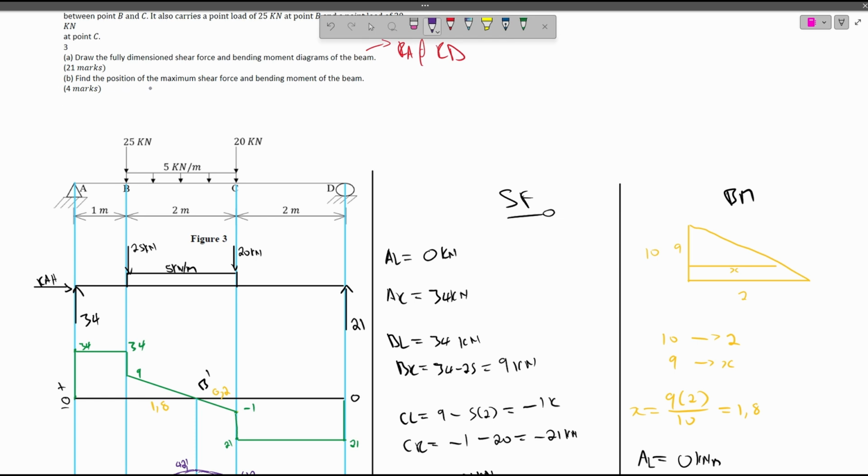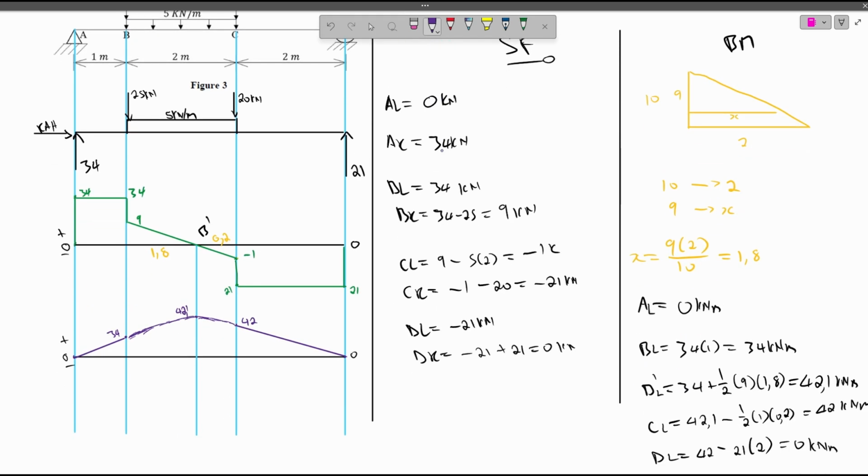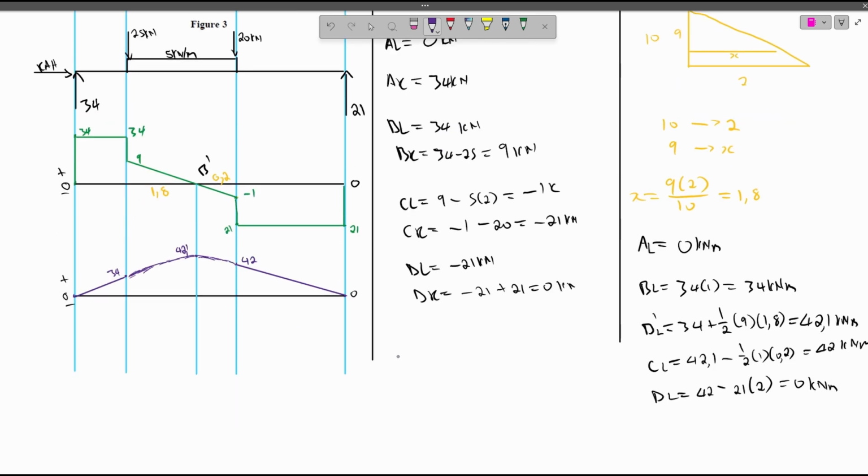The B says find the position of the maximum shear force and bending moment of the beam. Now our max shear force, which is Vmax, will be 34. And then 34 at 0 from the left. 34 at 0 meters from the left.